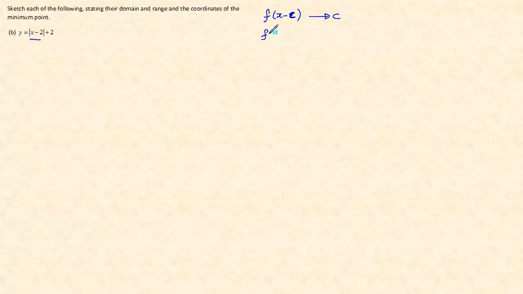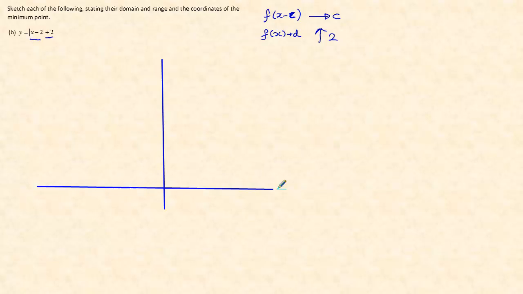And we've also got an f of x plus d, which is this bit out here, and that's going to move us 2 units upwards. So, compared to the standard graph, which has the minimum point at the origin, this one is going to be at the point 2, 2.